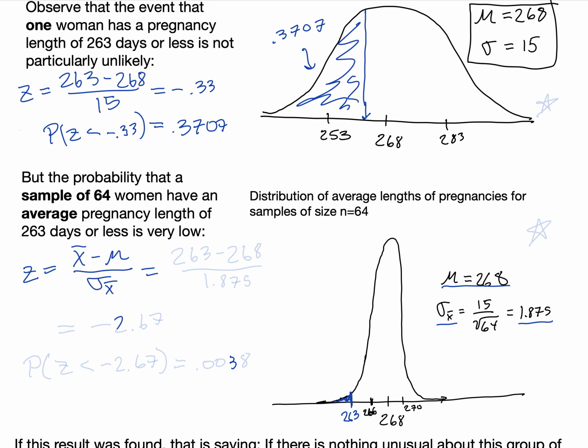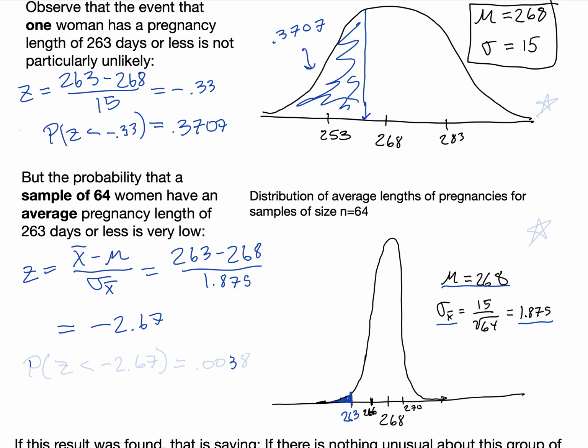Our sample mean is 263 minus the mean of 268, divided by 1.875. So we find that the z-score is negative 2.67, almost 3 standard deviations below the mean, as we see over here.